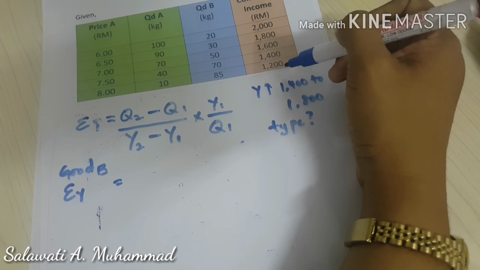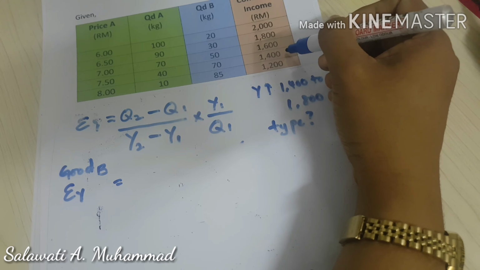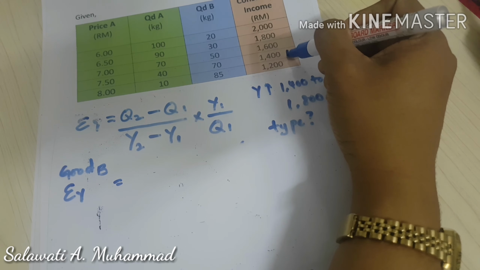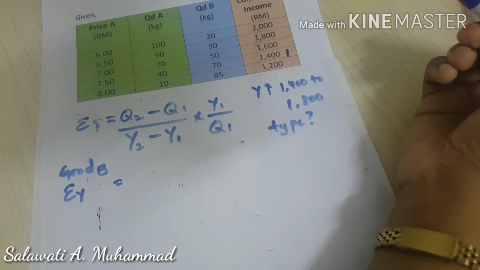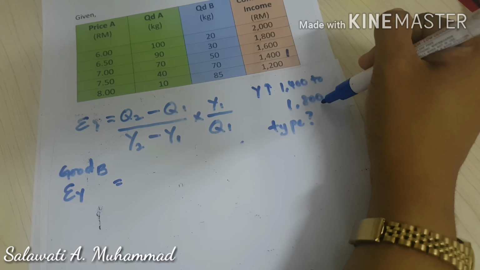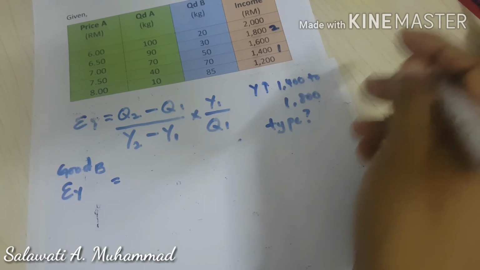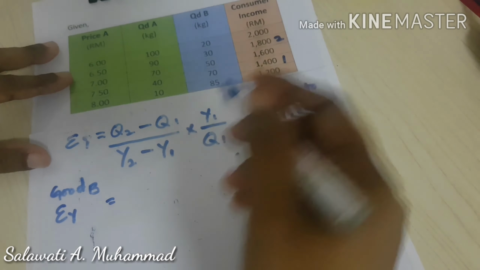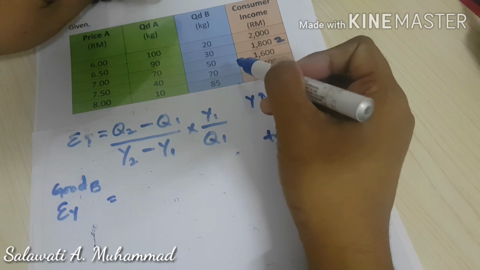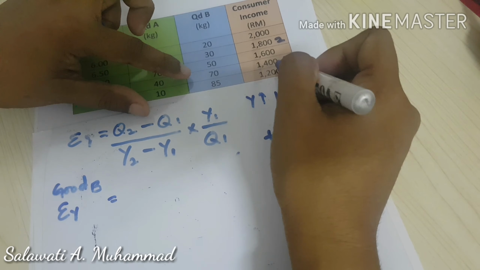When Y increases from 1,400, so 1,400 is our Y1, increasing to 1,800, so 1,800 is Y2. Quantity demanded right now, we choose quantity for B, on the same row.